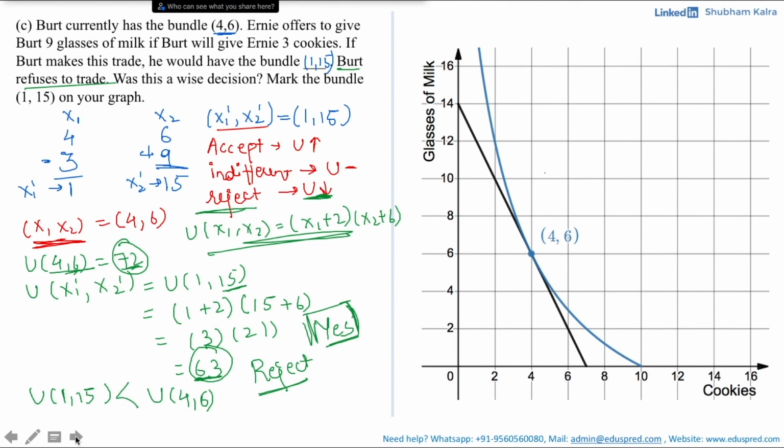Now let's plot 1, 15 on this graph, which will lie here. If you look closely, the point 1, 15 is lying below the indifference curve, which means it gives a lower level of satisfaction or utility to the consumer as compared to the point 4,6, which is something we learned here when we did the math. We will do the remaining parts in the next video.